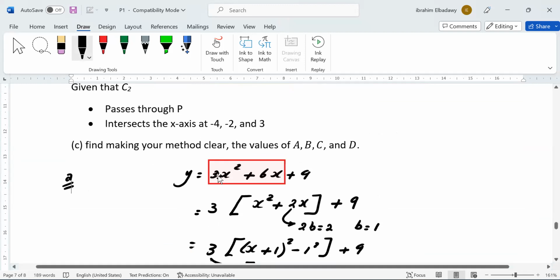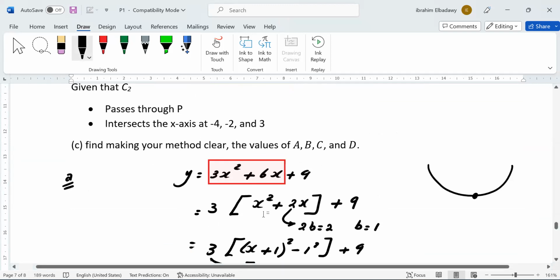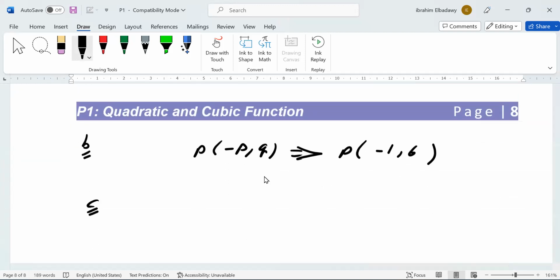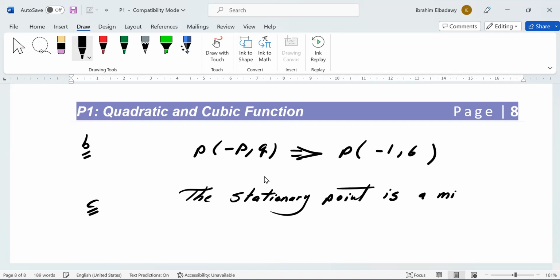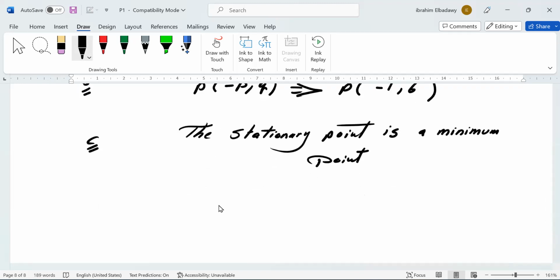If it is a smile face like that, you have a minimum point. يبقى the stationary point is a minimum point. Okay. This is question number C.